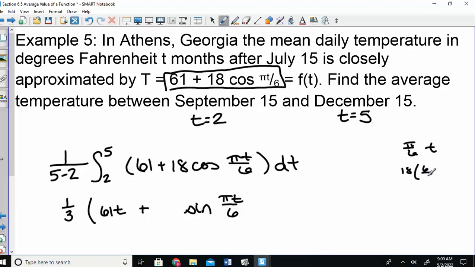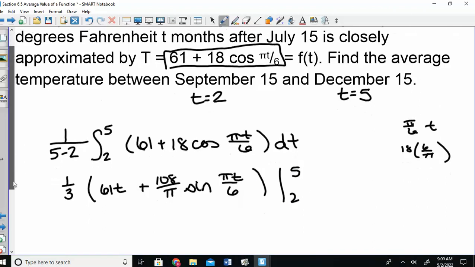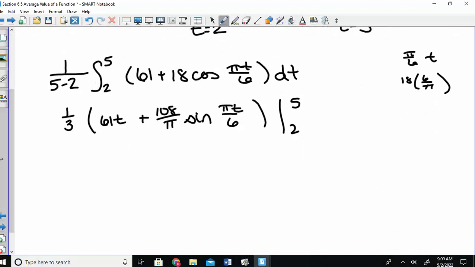So I have to do 18 times 6 over pi for 108 over pi in front of that. And I'd say we're probably going to need a calculator for this one. Make sure you're in radian mode, please.